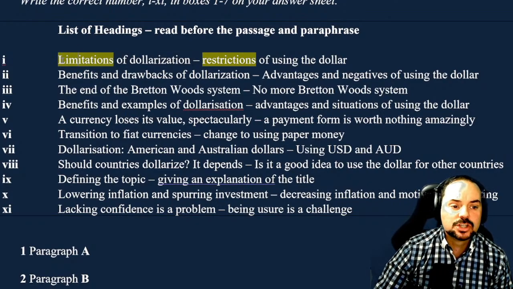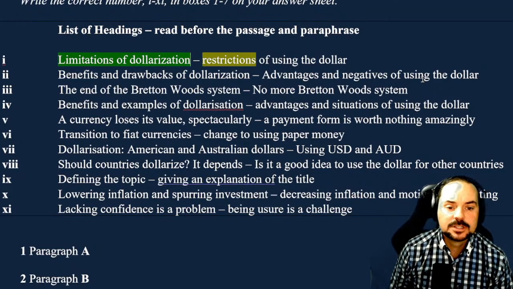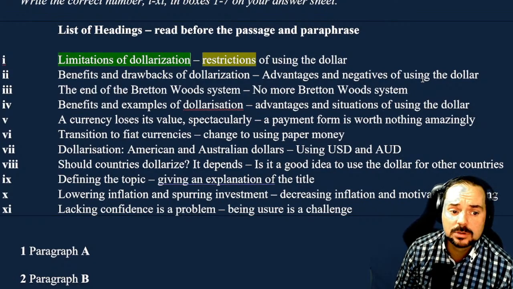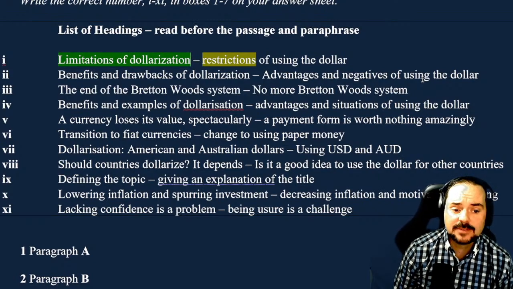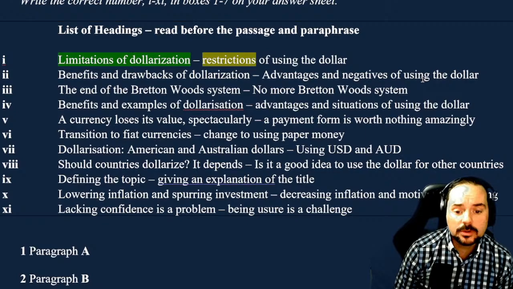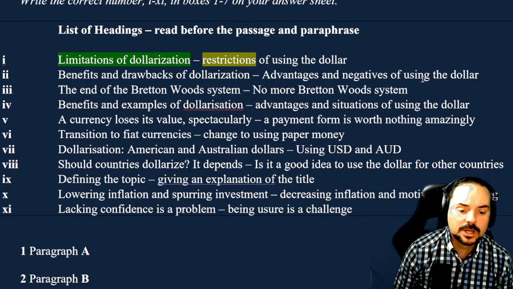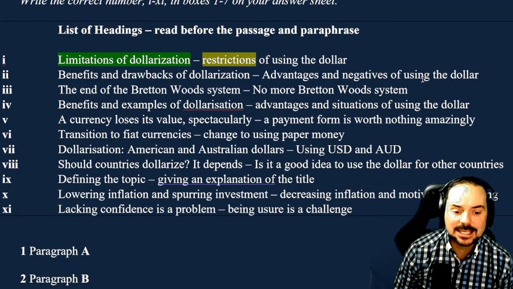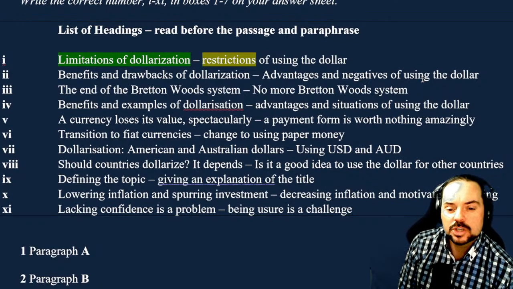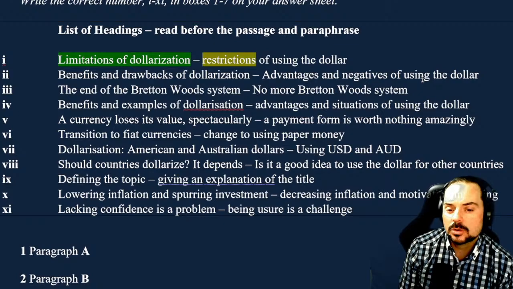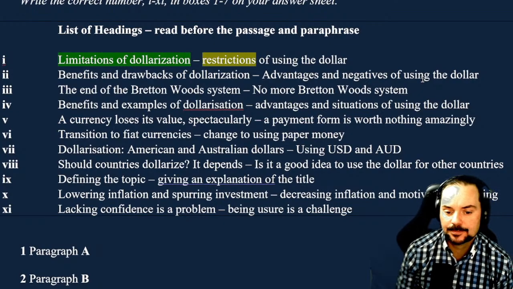So limitation of dollarization being the first one, benefits and drawbacks of dollarization, the end of the Bretton Woods system, benefits and examples, a currency loses its value, transition to fiat currencies, dollarization, American and US dollar and Australian dollars, should countries dollarize, defining the topic, lowering inflation and spurring investments, lacking confidence is a problem. Which one of these do you think is the closest to your answer?